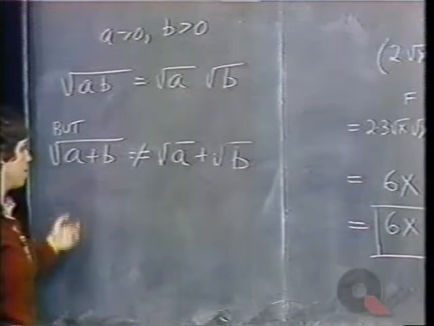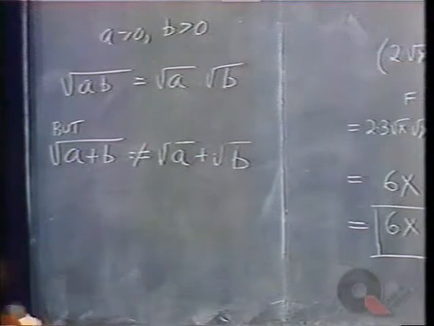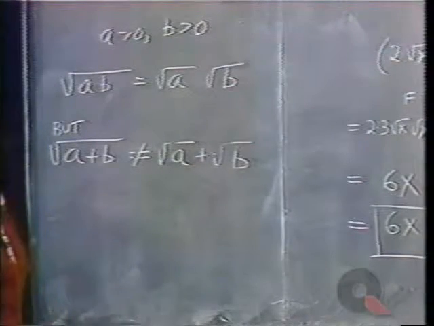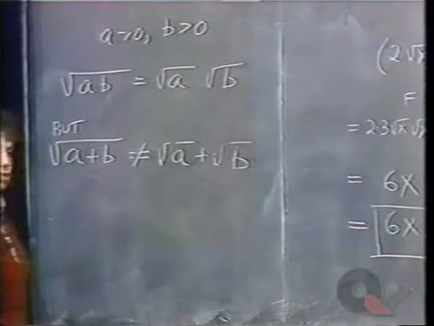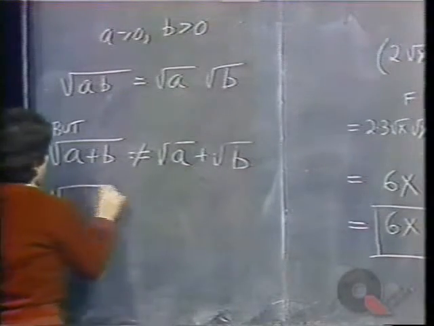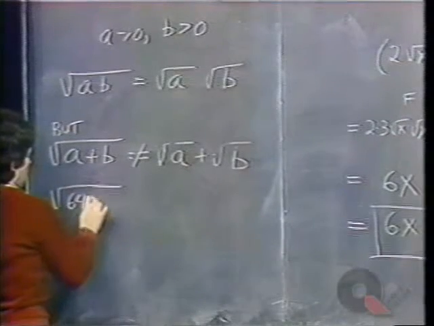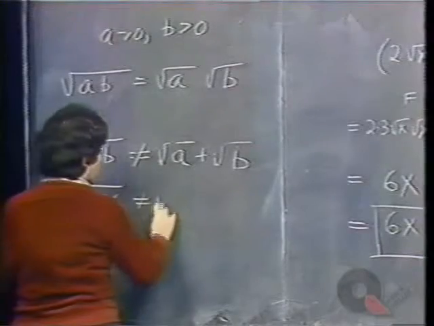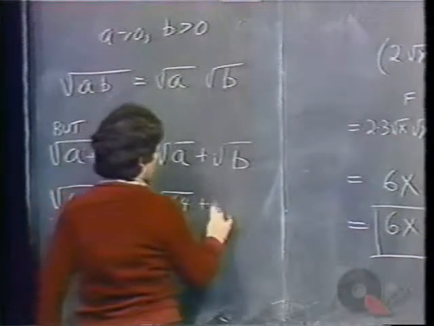Okay? The square root of A plus B is not the square root of A plus the square root of B. To see that it doesn't work, all we need is one counterexample. There's one problem for which it doesn't work. Let me give you one. The square root of, say, 64 plus 36 is not the square root of 64 plus the square root of 36.